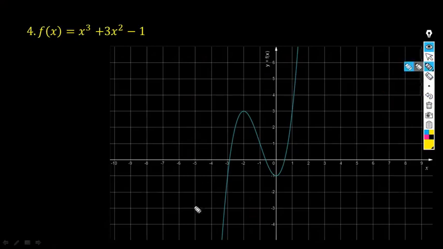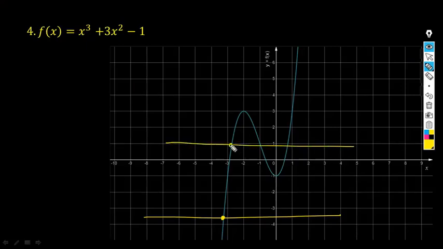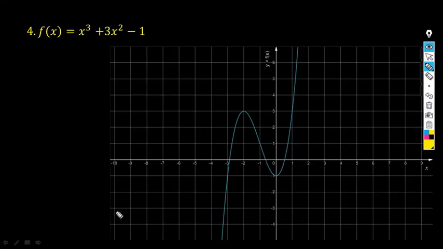If I draw a horizontal line in here, it only crosses at one point, and you might think, oh cool, this is one-to-one. No, because if I do it over here, it's going to cross at three points. One time is enough. So this is not a one-to-one function.